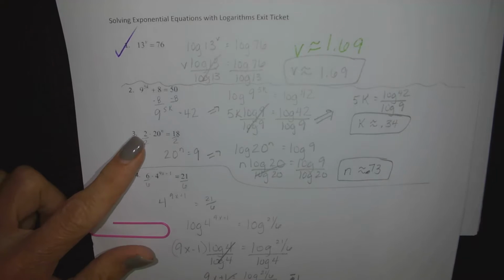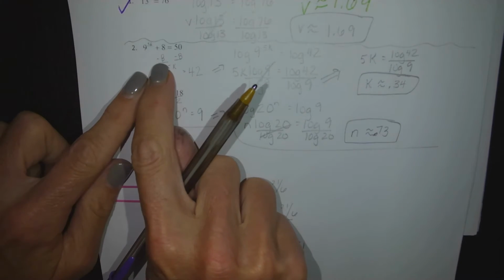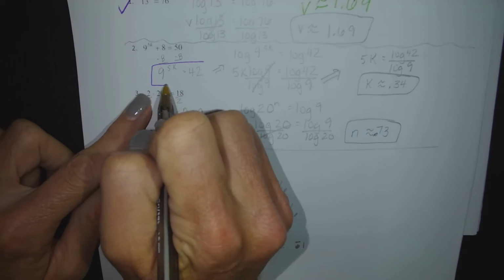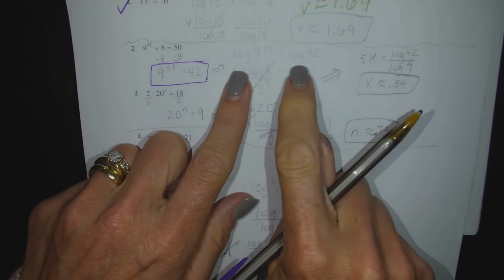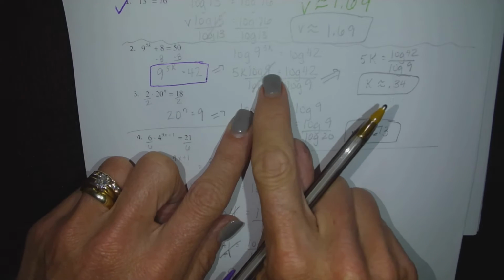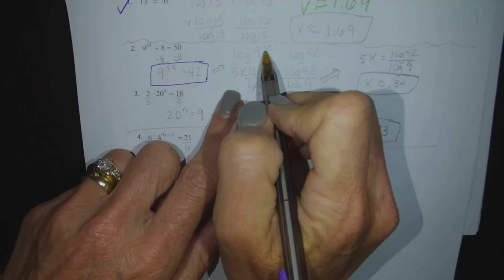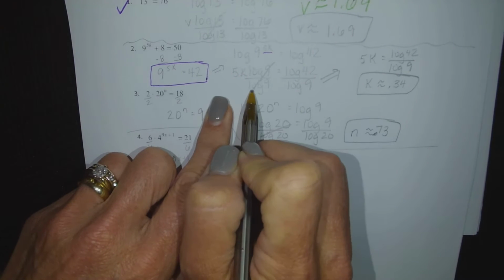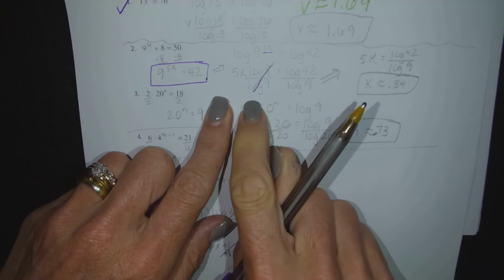All right, number 2. First step for number 2, we subtract 8 from both sides, and you're left with this. And then you put it in log form. And here's the exponent. 5k goes in the front. Divide by log 9 on both sides. That's gone.